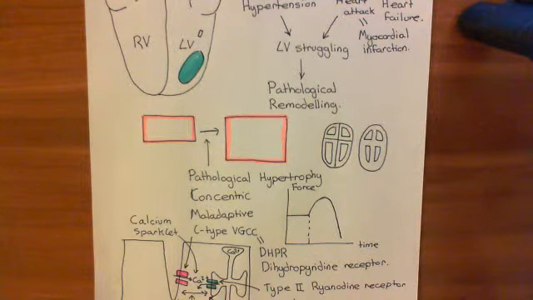Basically, it's not enough to meet the needs of the body, so the heart is failing. That's known as heart failure or cardiac failure, when the heart isn't strong enough to pump enough blood around the body in a minute to meet the needs of the peripheral tissue.